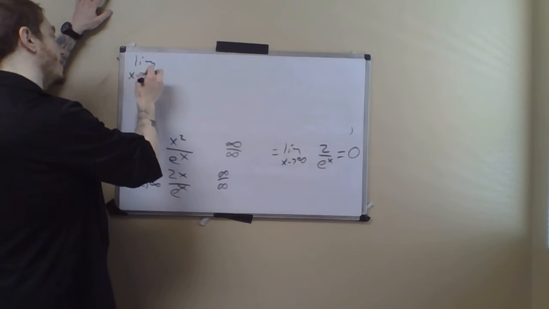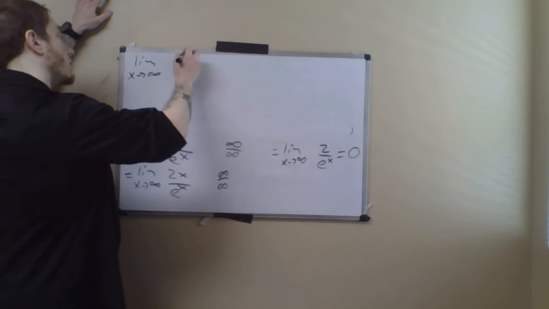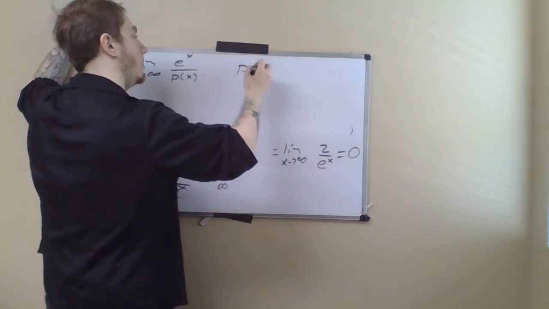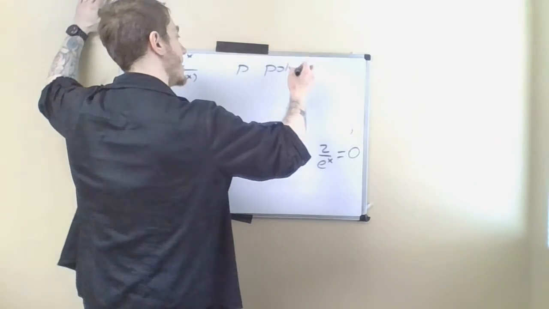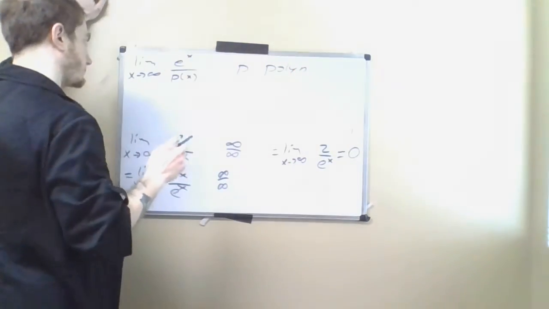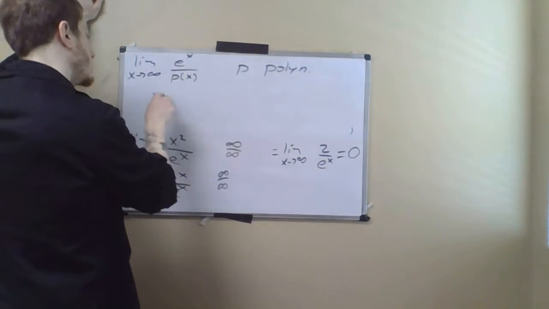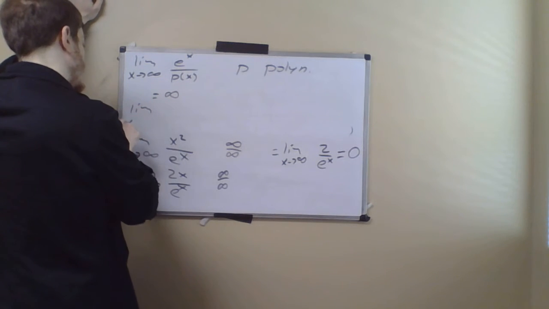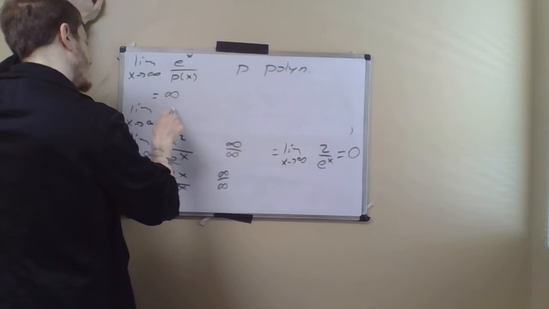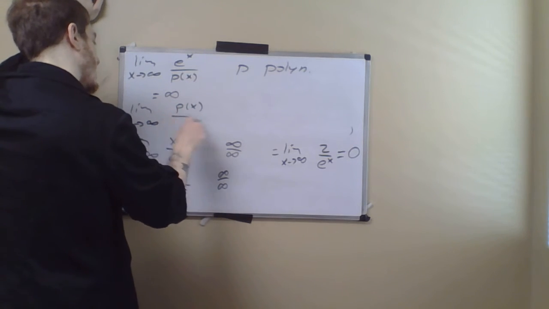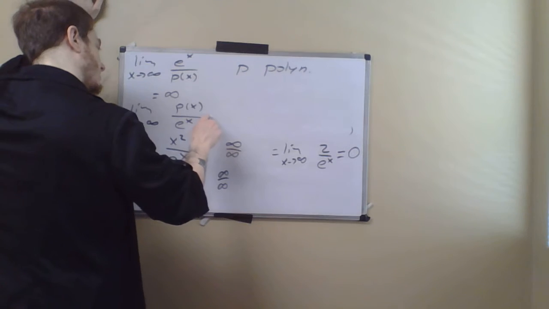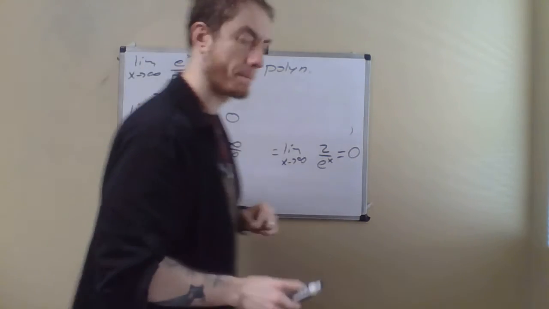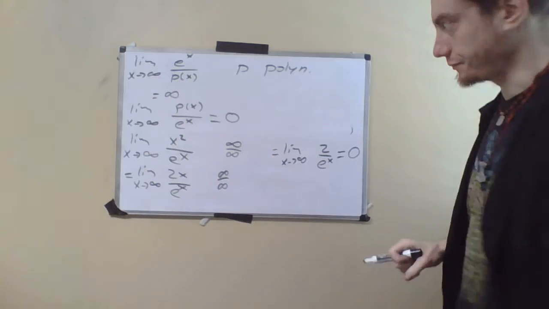The limit as x approaches infinity of e to the x divided by p of x, where p is any polynomial, is always going to be equal to infinity, and the limit as x approaches infinity of p of x divided by e to the x is always going to be equal to 0.